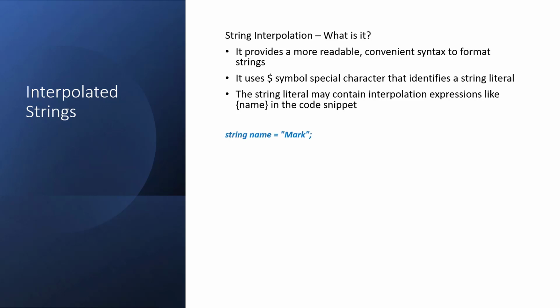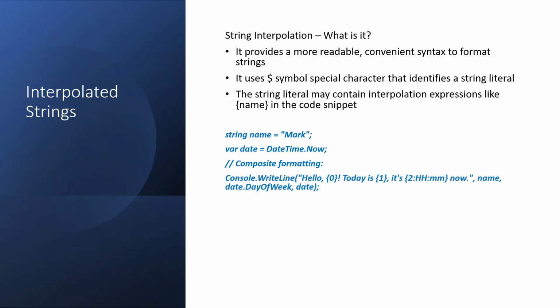For example, this is a code snippet: string name equals Mark, and var date equals DateTime.Now. This is the current time. And there are two types of formatting. Earlier, before string interpolation came into being, we used composite formatting, which looks like this: Console.WriteLine, hello, and within curly braces 0, curly braces 1, curly braces 2.